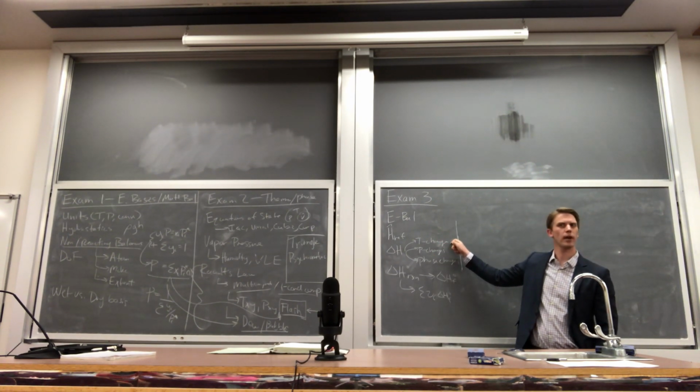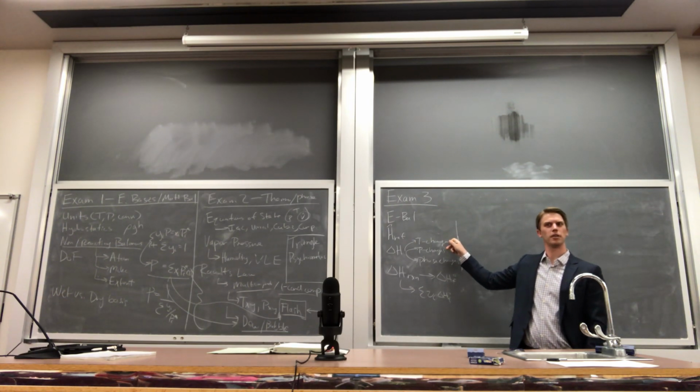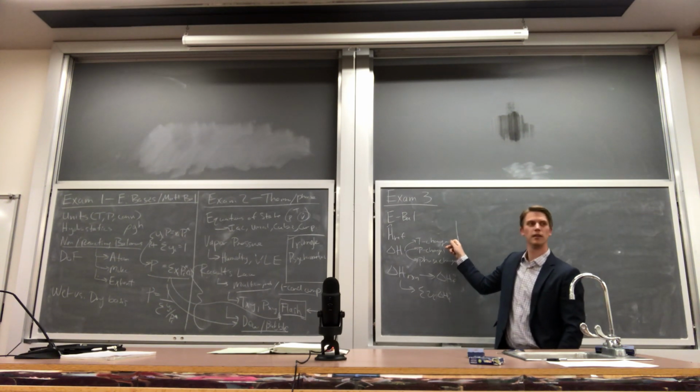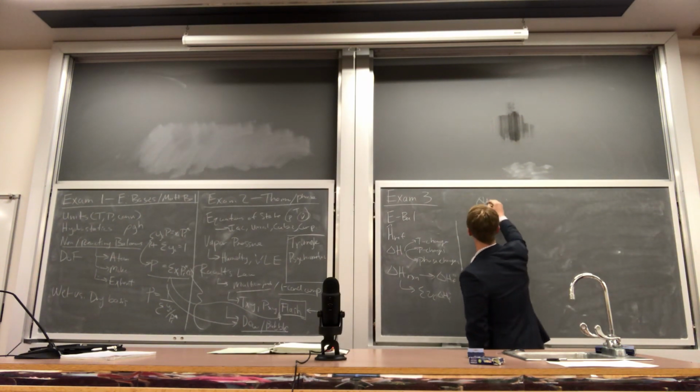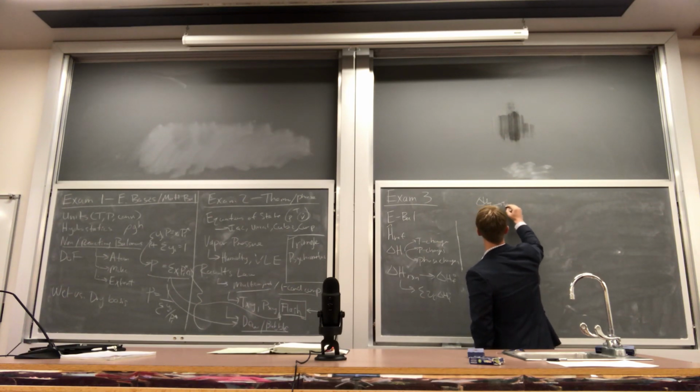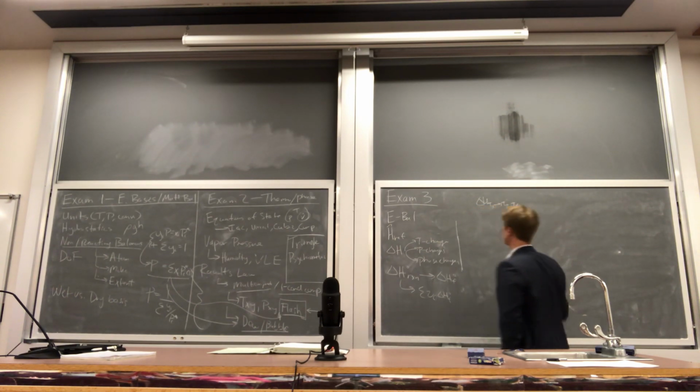Temperature changes. How do I calculate internal energy change with an ideal gas? Delta U from T1 to T2 for an ideal gas is equal to what?